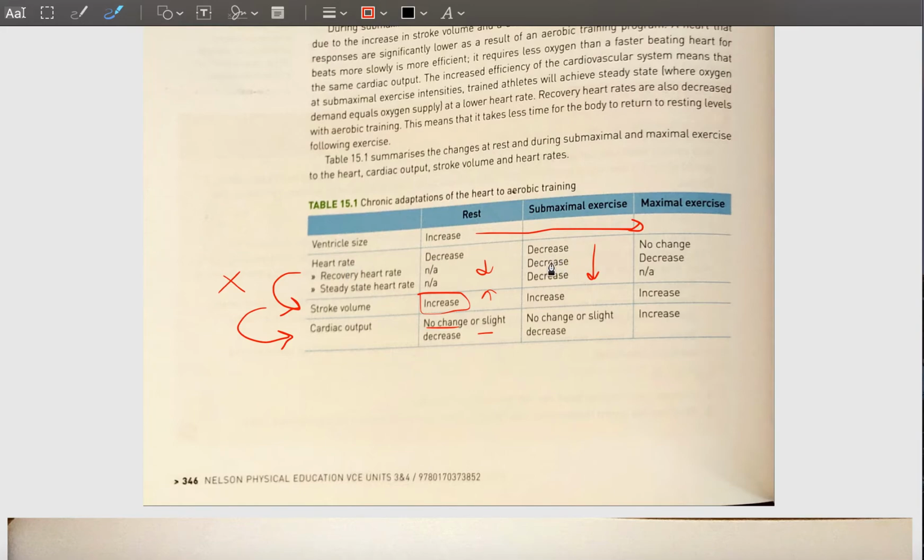I will also have a decreased recovery heart rate, which means it goes back to its resting levels quicker. And my steady state heart rate, when I'm training in the aerobic system and I'm staying at that constant intensity, will have a decrease as well. This is all due to the stroke volume having an increase.